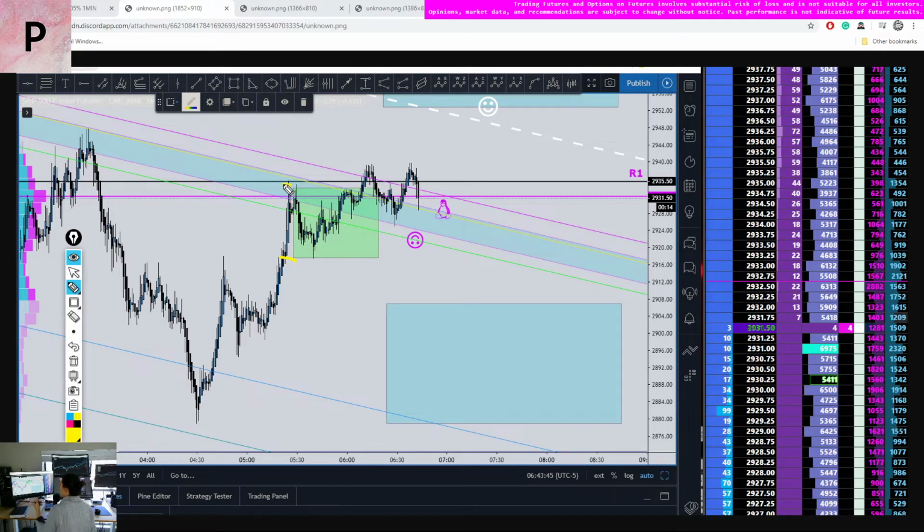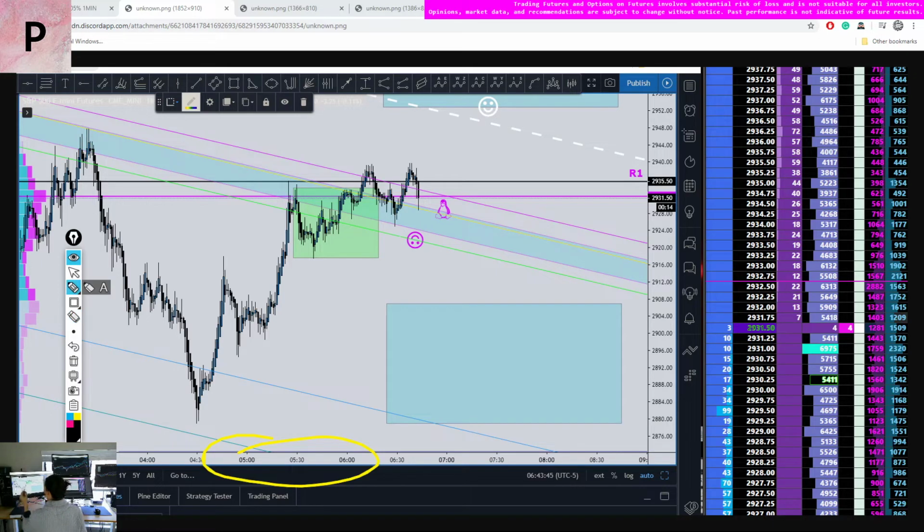Now, when I'm watching the development within this 2-hour range, I'm looking for two main things. Number one, does any of this support get tested? Yes, it does. It happens right here at around 5:30. Sellers failed to get that box broken, and buyers bid it up back into the value area that was developing over that period of trade.